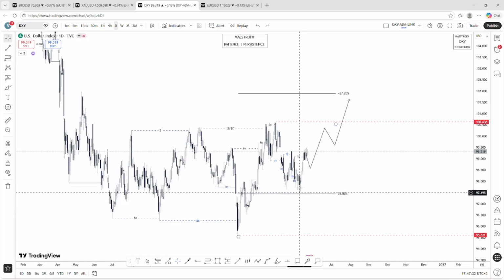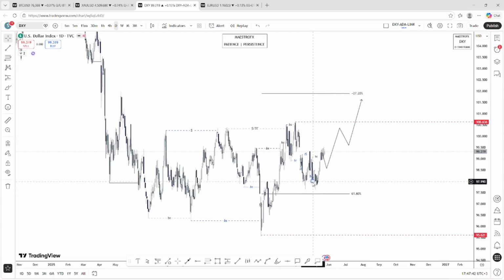Currently, you can see that immediately when we went to the 61.8 Fibonacci retracement, we had an impulse to the upside. And so the level that I'm watching on the DXY daily time frame is 100.63.